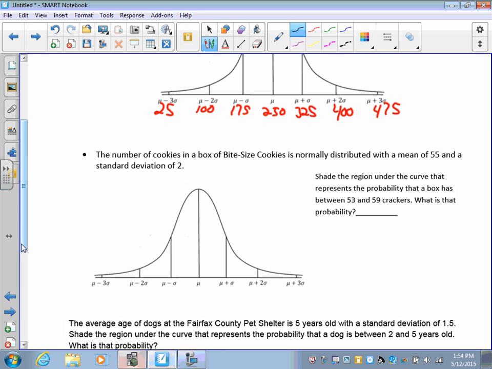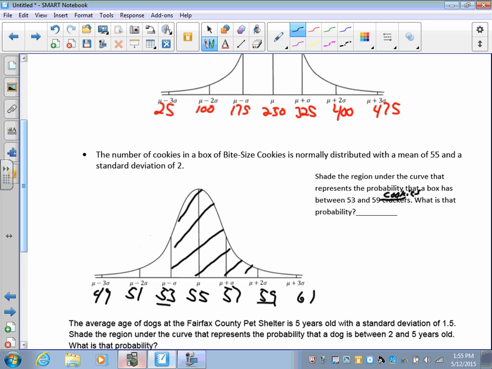So again, I'm going to do the same thing, 55, add 2, subtract 2, and it says shade the region under the curve that represents the probability that a box has between 53 and 59 cookies. What is that probability? Well, I'm going between 53 and 59. So this is the shaded region.